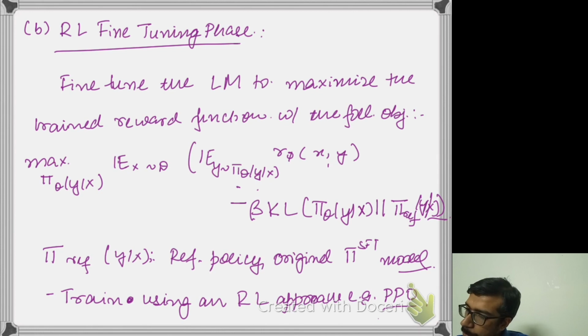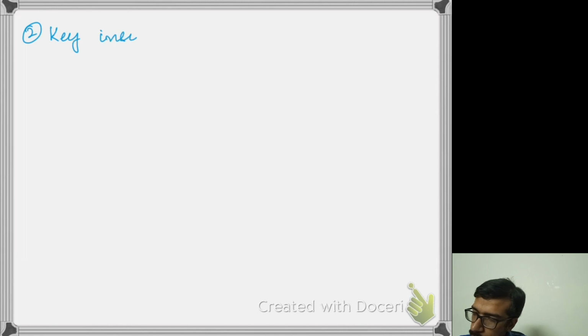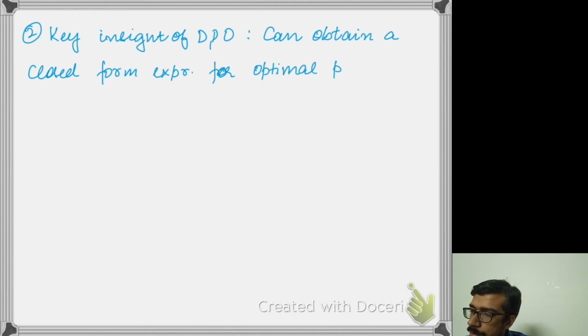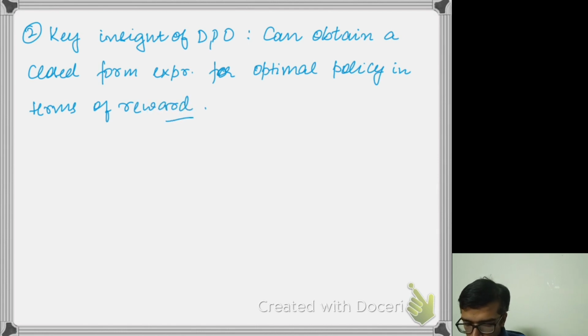And now the key insight of DPO is that we can get a closed form expression for the optimal policy in terms of reward. Okay.